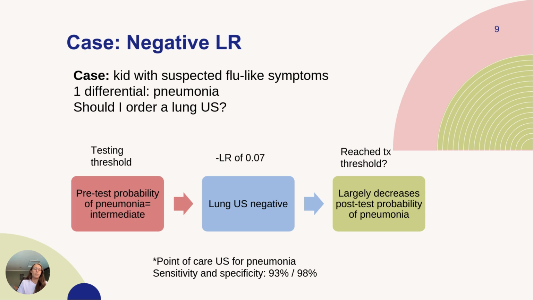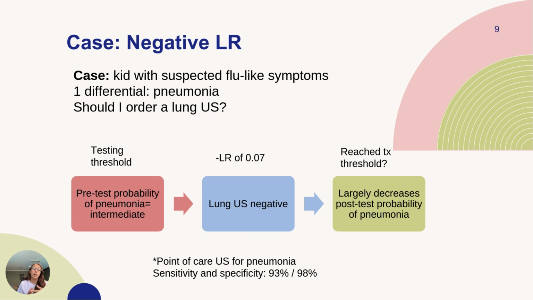You ask yourself, should I order a lung ultrasound, let's say, for a pediatric patient for suspected pneumonia? For example's sake, my pretest probability of pneumonia is at least intermediate. It's a fairly unwell looking kid. I didn't hear crackles in the lungs, but I'm still suspicious. So I'm still in this testing threshold where I haven't ruled it out or ruled it in, but I'm wondering, should I order that lung ultrasound?